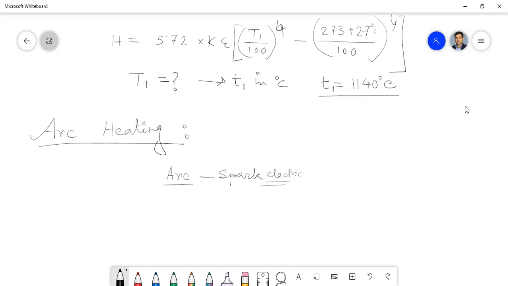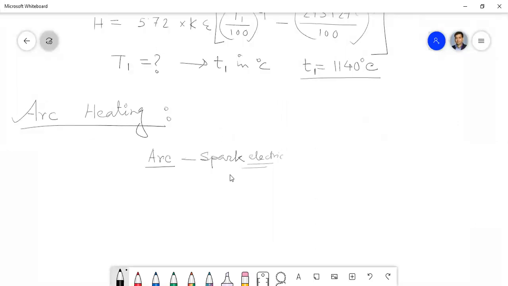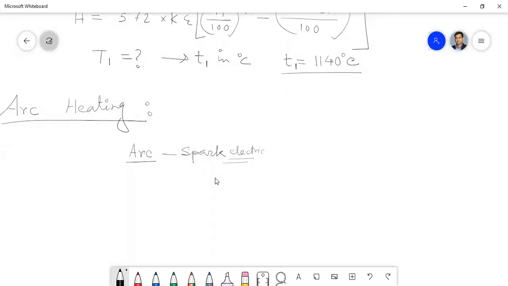Now, what is your general experience about this arc? When this arc occurs or this spark occurs, what happens? When there is a breakdown in the dielectric medium, then arc occurs. হ্যাঁ, সেটা তো হলো, স্পার্কটা বা আর্কটা হলো। আমি প্রশ্ন করছি যে আর্কটা যখন হয় তখন কি হয়?